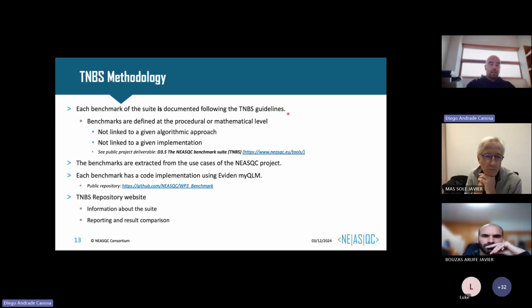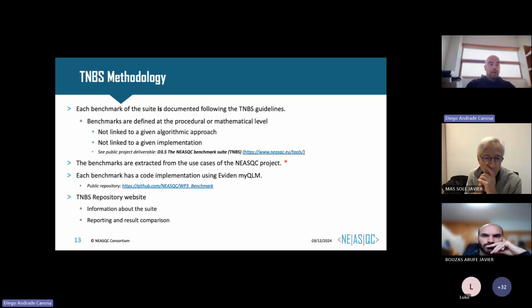That is another deliverable of the project that contains the method, the template to generate new cases, and also a complete documentation of the 4 cases that we have already proposed.